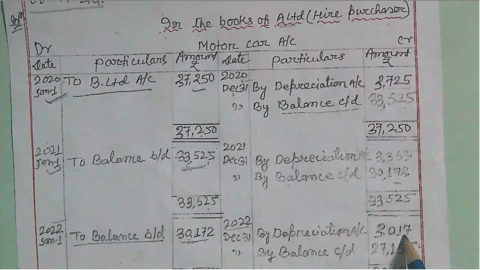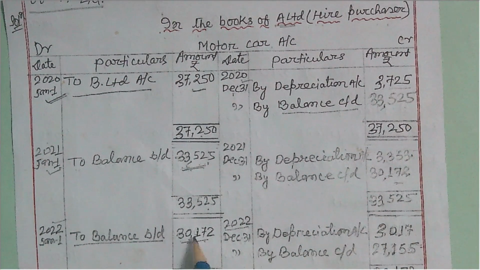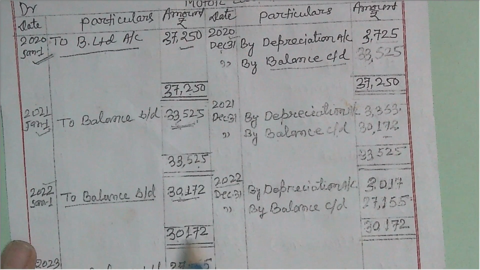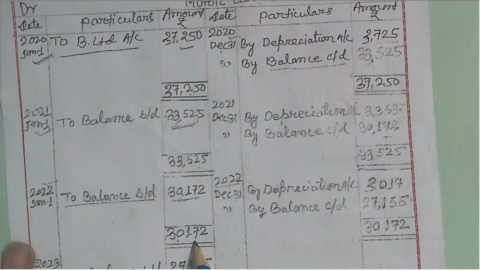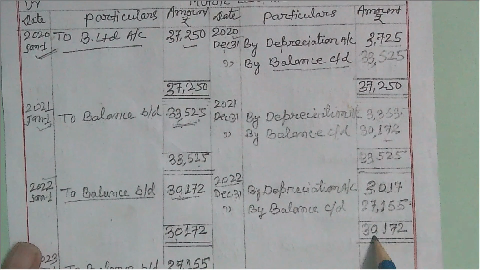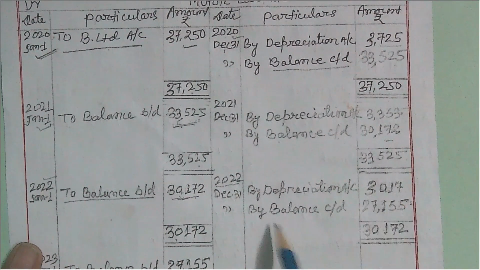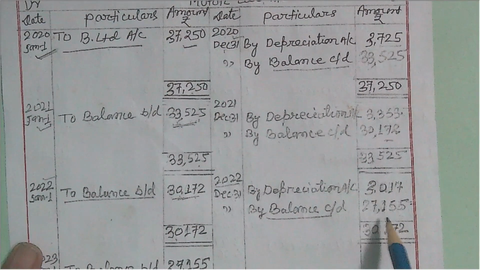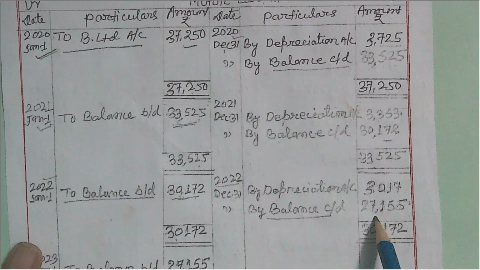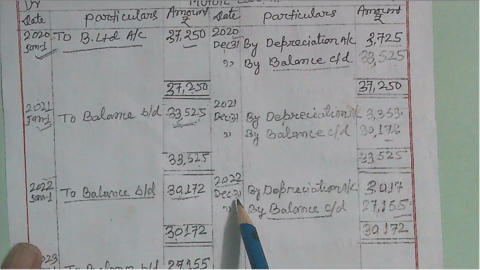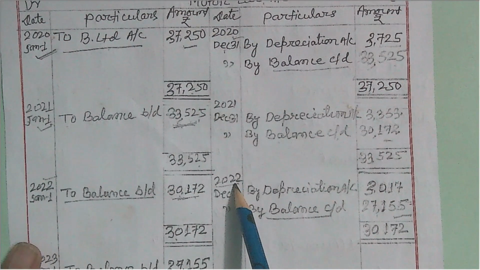So this is the depreciation of one year. Again we have to balance the account, totaling 30,172, and 30,172 minus 3,017, then we get the balance 27,155. So this is the closing balance on 31st December 2022.